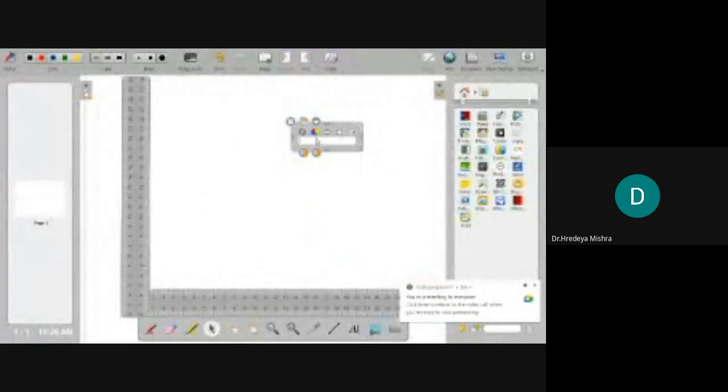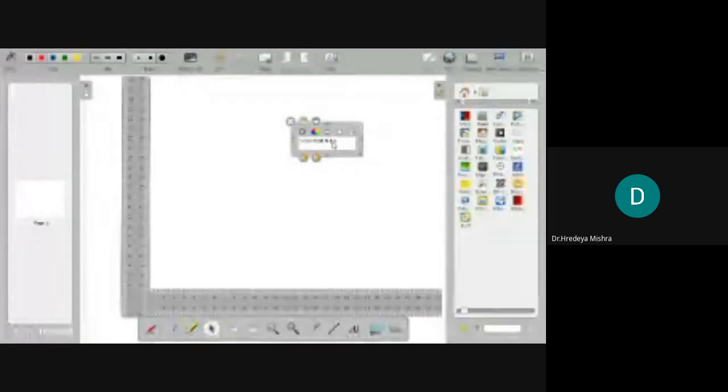So here 1 centimeter equal to how much? 1000 Newton, for the y axis.